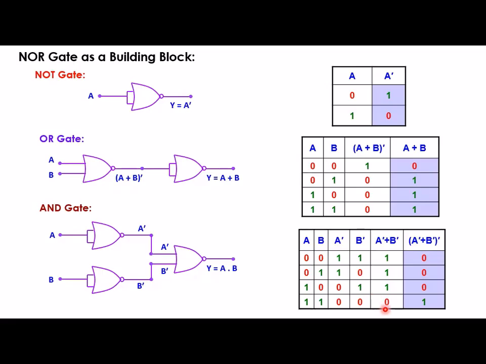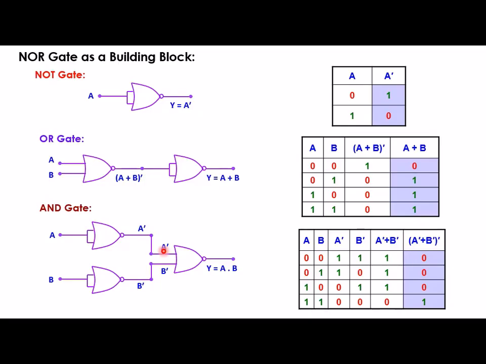The complement of this will be 0 0 0 and 1, and this is nothing but the truth table result of an AND gate. If A and B are two given inputs, then this output is representing the AND operation. That's how we can realize an AND gate using a NOR gate.